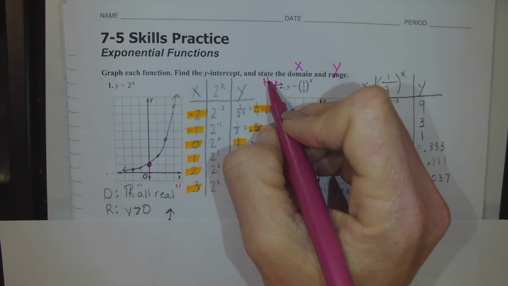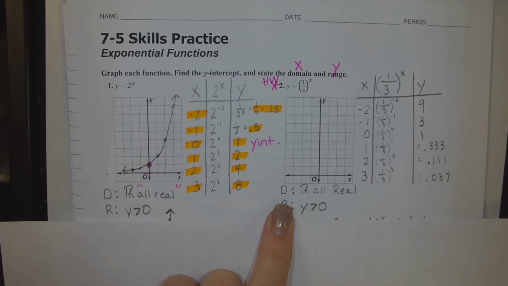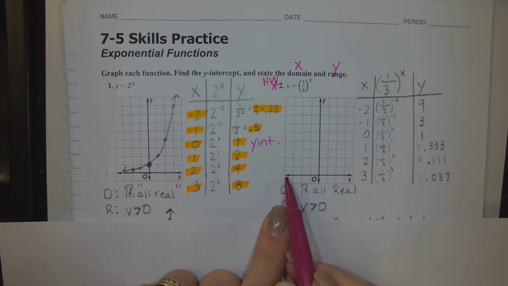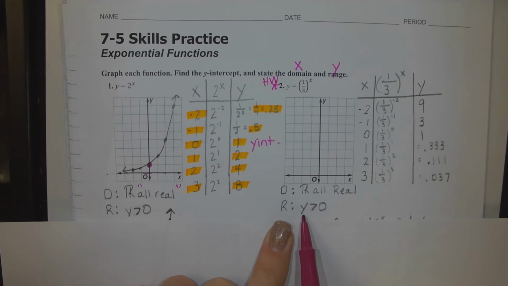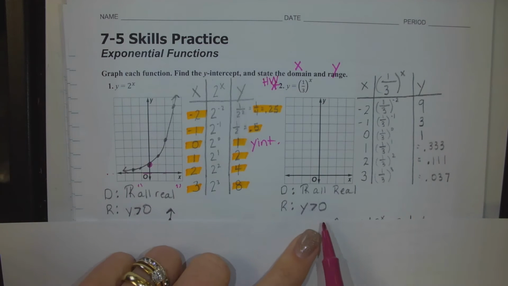You will do this for homework or classwork if we have time right now. Again, look at the domain, all real numbers. You can go left or right. And again, this graph, I'm giving this to you. It will never go below here, so we're dealing with everything above, so it's greater than 0.